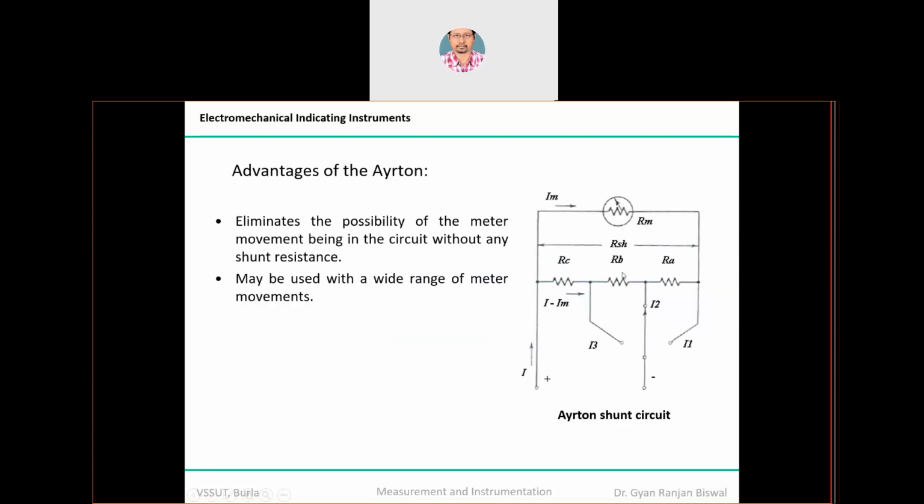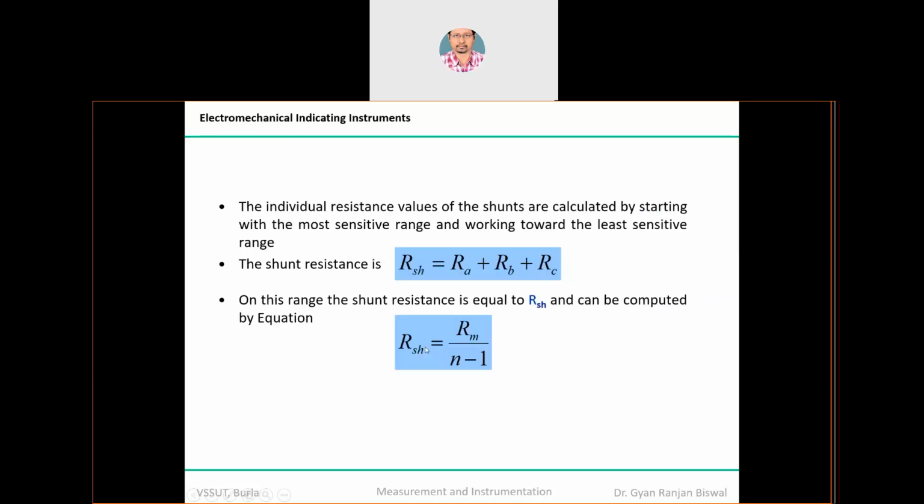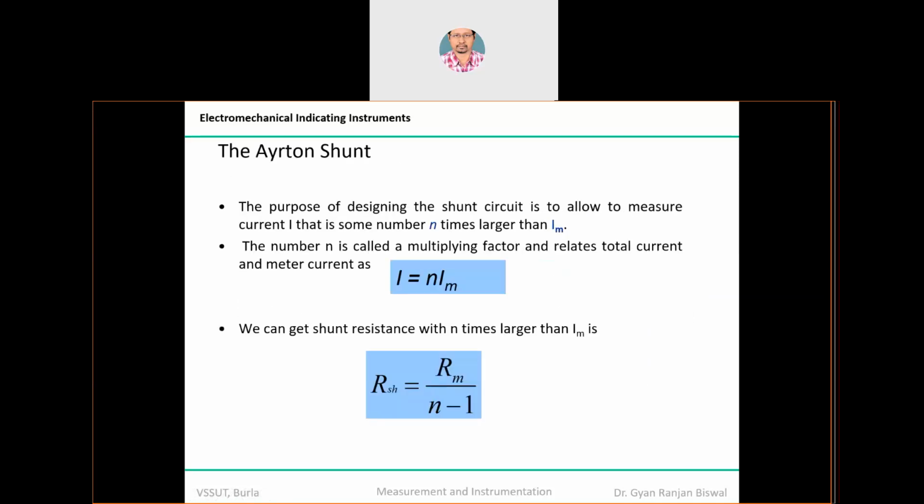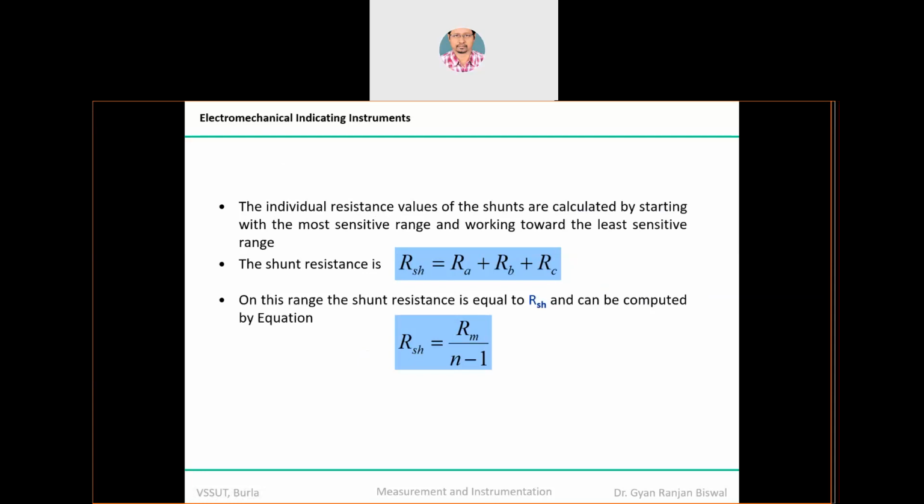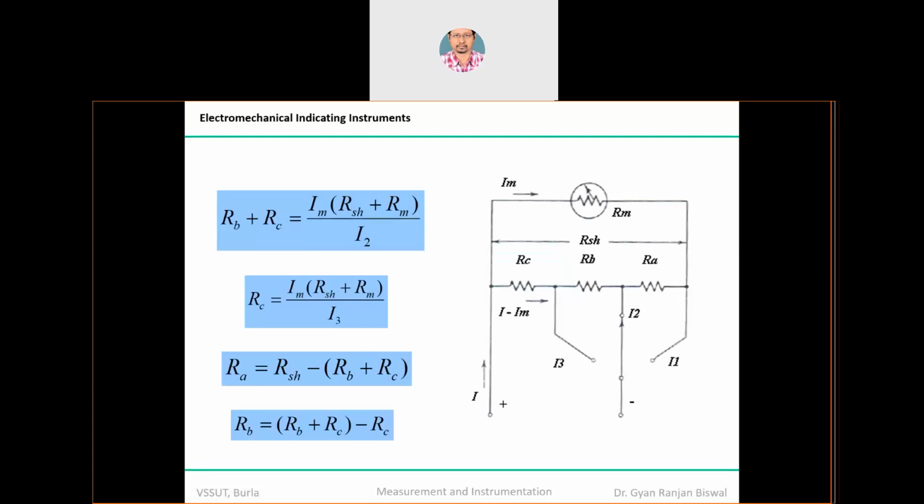For easy understanding in this demonstration, we consider only three values, RA, RB and RC. So your RSH is nothing but the summation of the three resistances. RSH should lie at Rm divided by (n minus 1). If you apply that, can you find the unknown value of resistance? Yes.